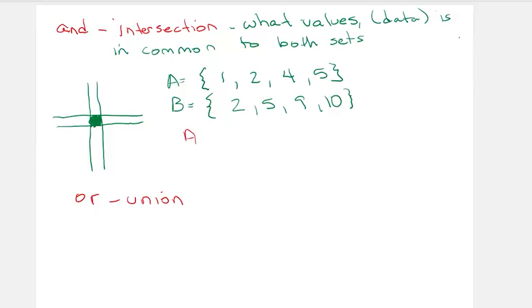We say it a little differently in set notation. This would be A intersect B, which is the same as saying A and B. So what value is in common to both A and B? That would be the set 2, because 2 is in common to both, and 5, because 5 is in common to both. And that's really it. There's no other numbers that are in both sets.